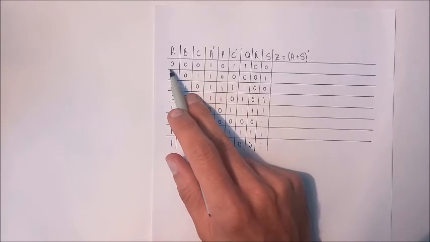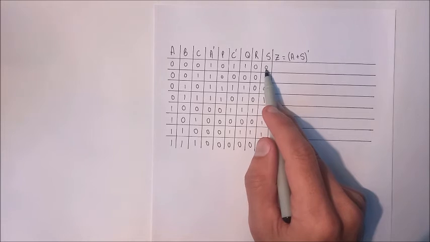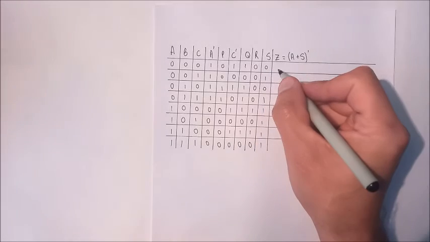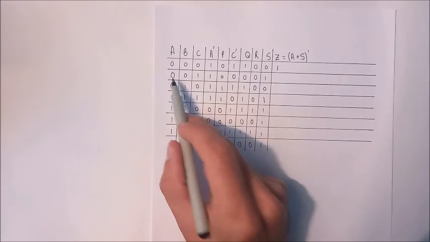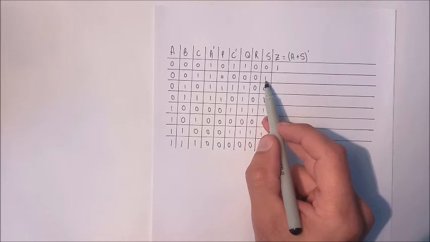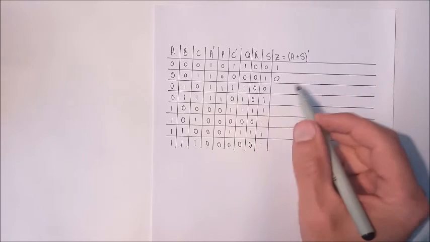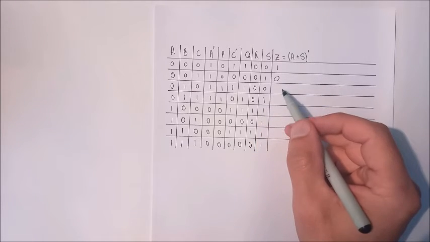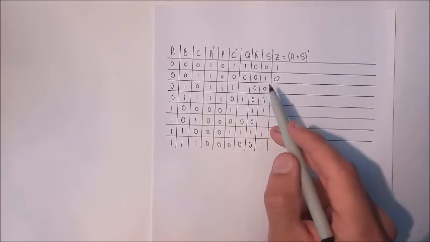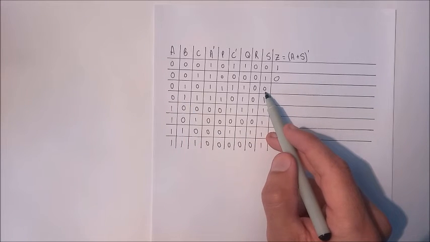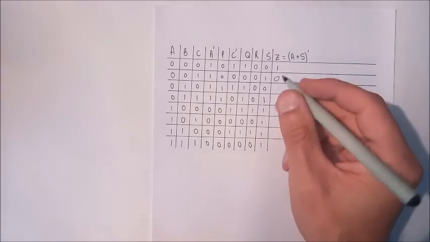So it's a, which is 0, OR 0 is a 0, NOT it gives you a 1. 0 OR 1 gives you a 1, NOT it gives you a 0. Now these two rows over here specifically is where the error occurred. So 0 OR 0 is a 0, NOT it is a 1.